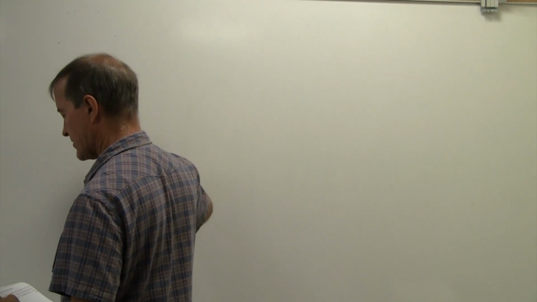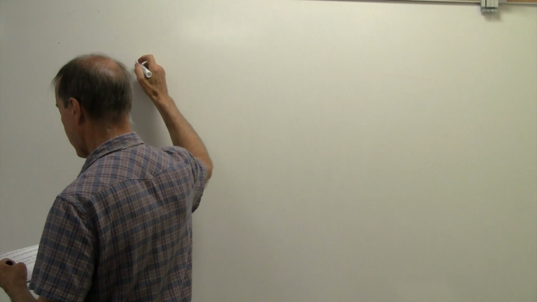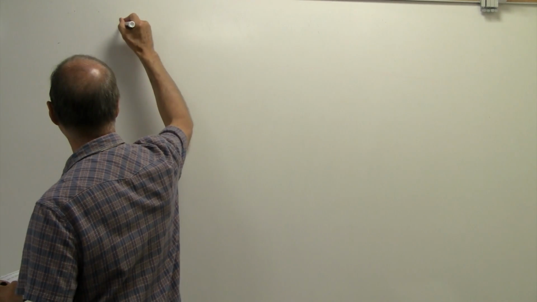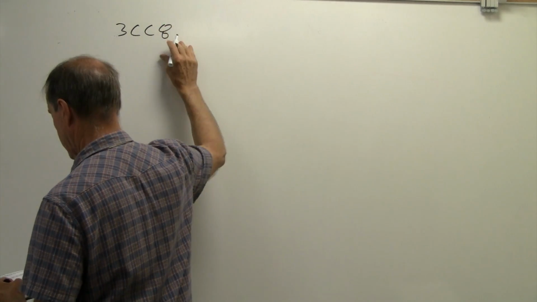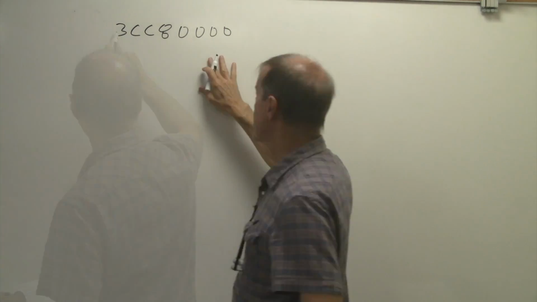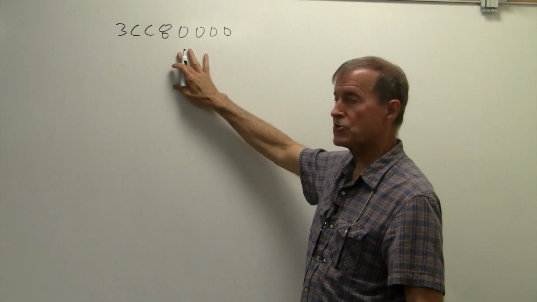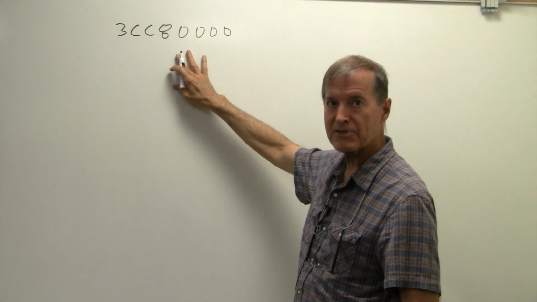So now let's do one more example. Let's go the other way around. Let's suppose we have 3CC80000, and let's try to figure out what floating point number this is.